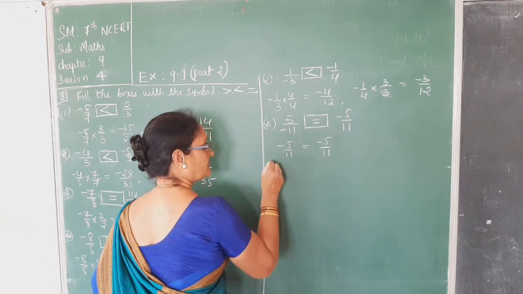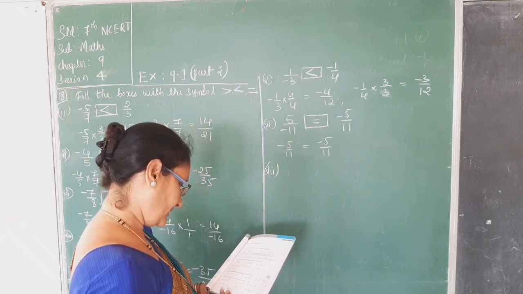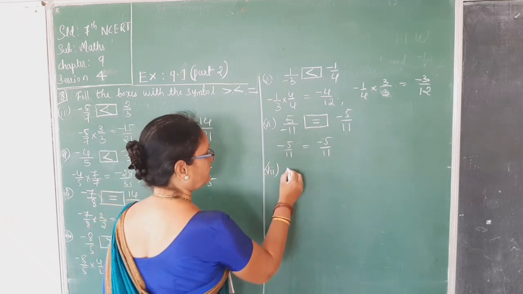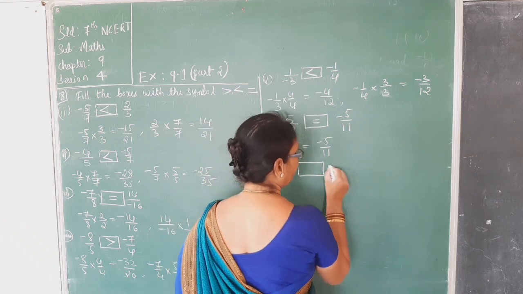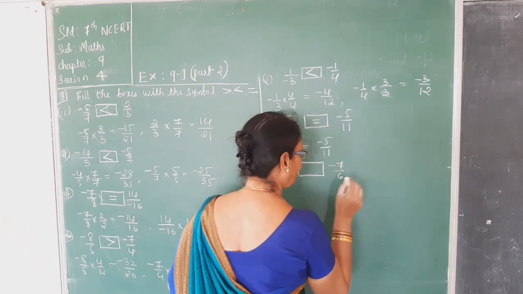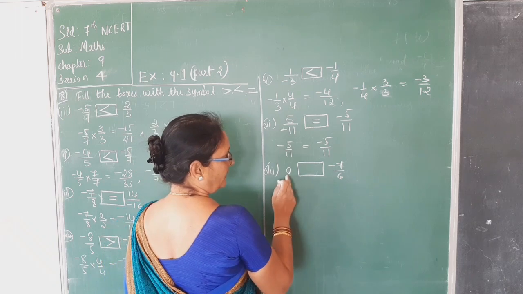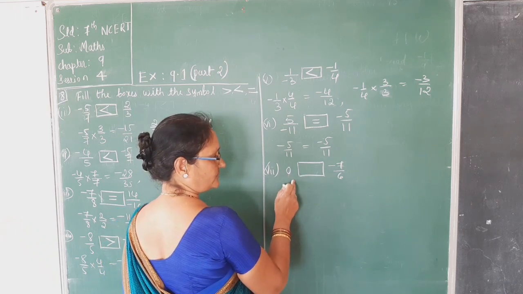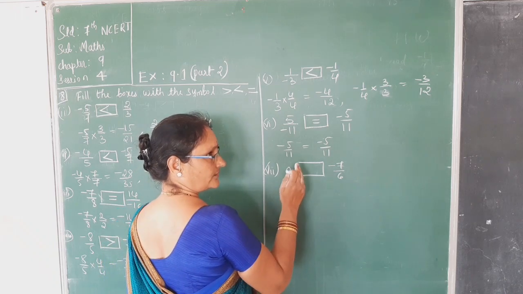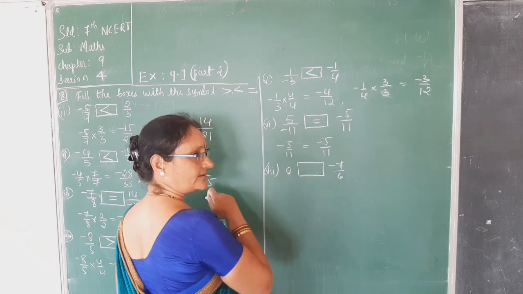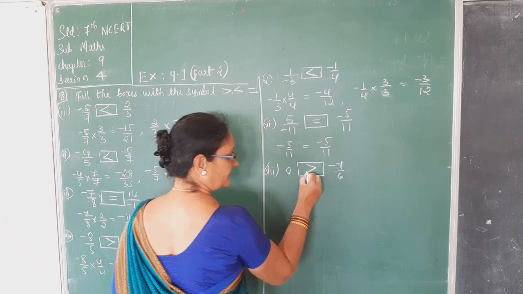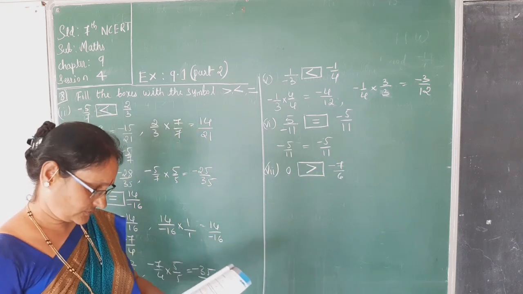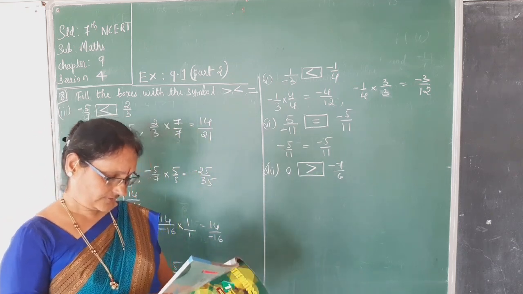Then next comes the seventh one, that is 0, and here there is a box, minus 7 by 6. Minus 7 by 6. So here see, always on the number line, 0 is greater than the negative numbers. So 0 is greater than the negative numbers. This is what, with common sense also, we can write.